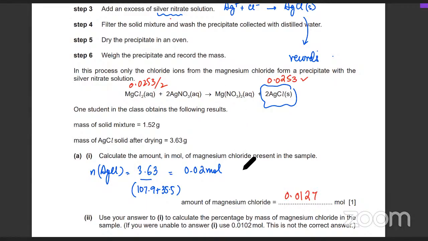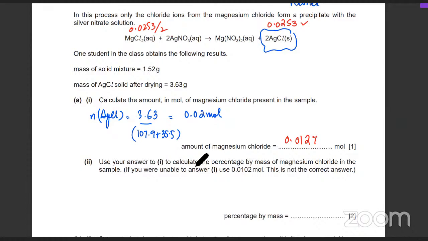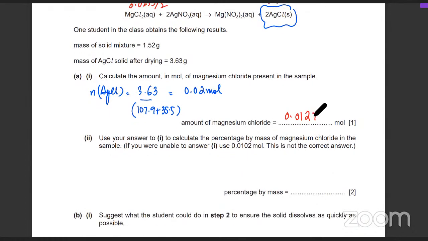Then use your answer to calculate the percentage by mass of magnesium chloride in the sample. I know the moles of magnesium chloride, so I can find the mass of magnesium chloride. It's going to be the moles multiplied by the Mr. So 0.0127 moles, multiply by MgCl2.